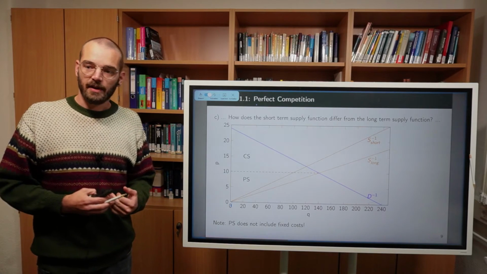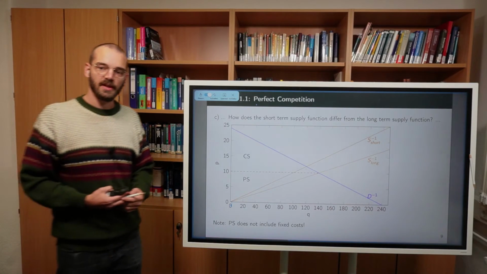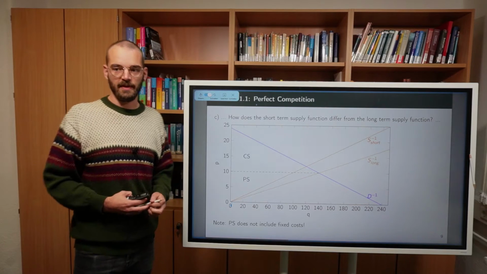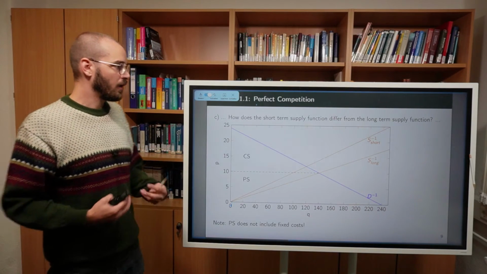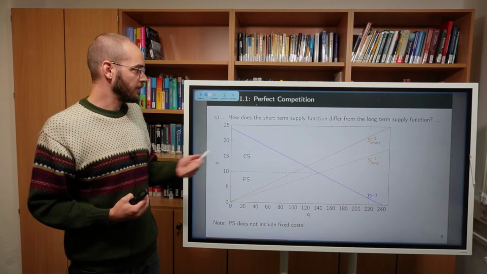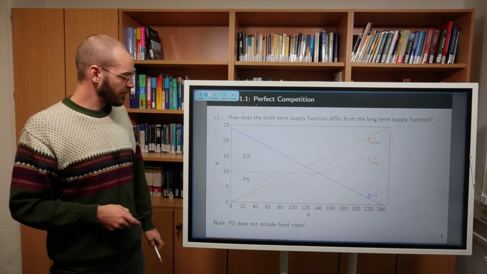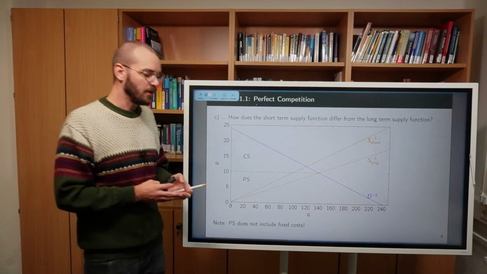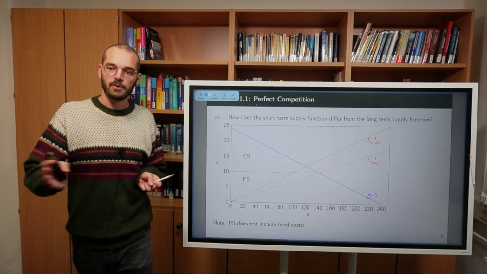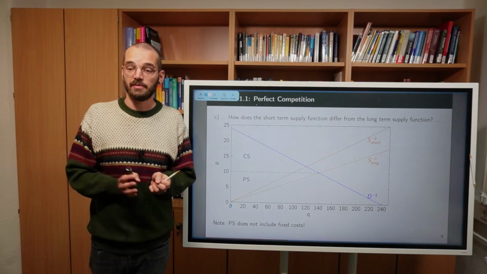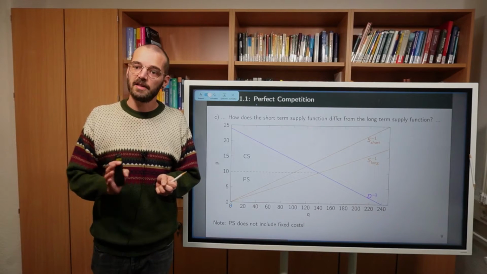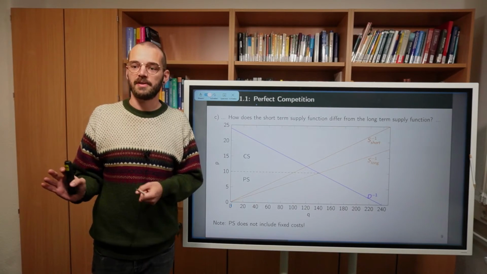Now we are asked to compare the short-run equilibrium with the long-run equilibrium in this scenario. So how does the short-term supply function differ from the long-term supply function? Well, we already saw that in the long run, more firms will enter the market, which of course results in an individually lower production quantity, right?